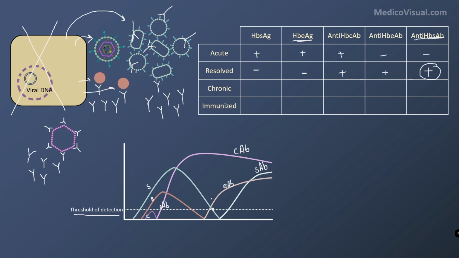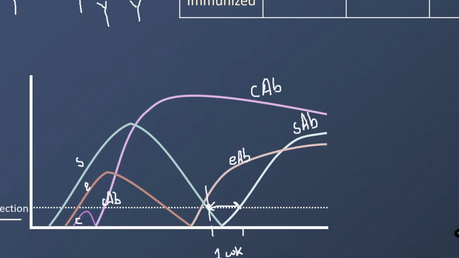From this point up to this time duration, it may be almost 1 week. In this duration, where you can neither detect surface antigen nor surface antibody, this duration is called the window period.